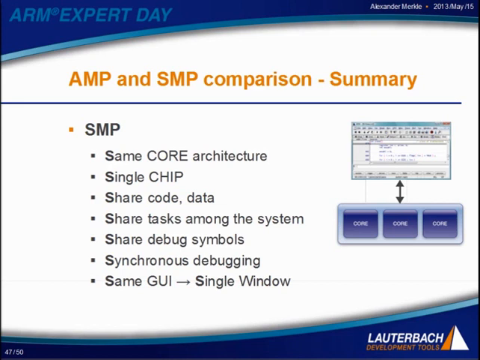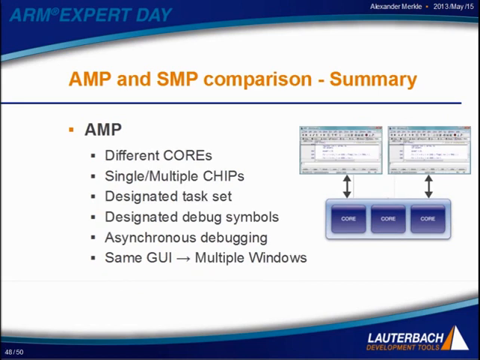They have got only a single code file, a single ELF file, or single symbol file you will load onto the system. SMP debugging is synchronous by design, and we have the same common TRACE32 user interface, and a single window for all cores, with the core selector down here.